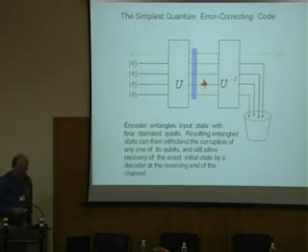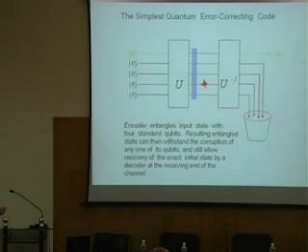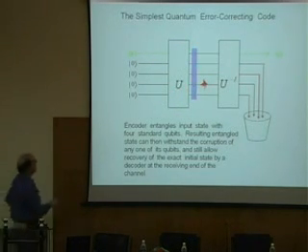error correction techniques work. Here's the simplest quantum error correcting code. We take an unknown qubit and we interact it with 4 zero qubits. According to a certain interaction, we get a rather entangled state of the 5 qubits.